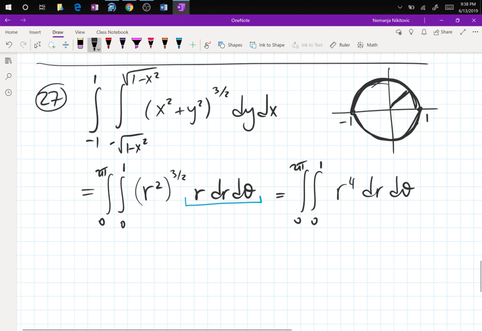Like if that was just a constant? No, because it doesn't work with polar in that case. Okay, that was kind of what I was wondering. But they could be sneaky and give you just one quadrant in the limits. I get that. I was more curious about the direct transition.